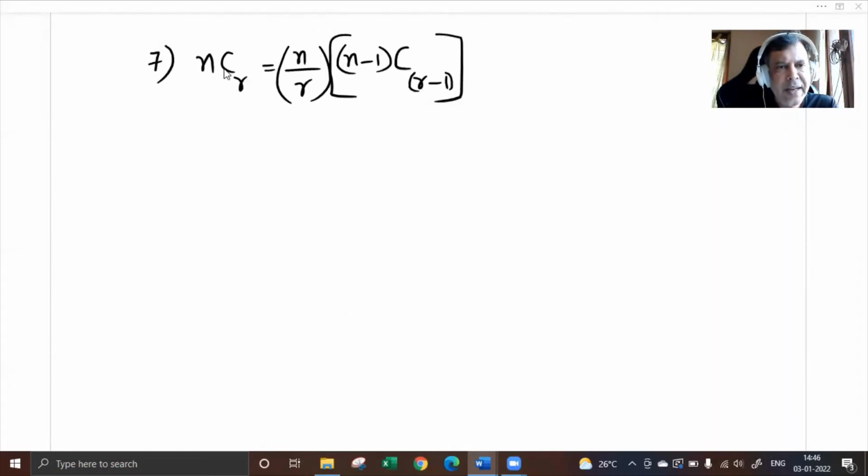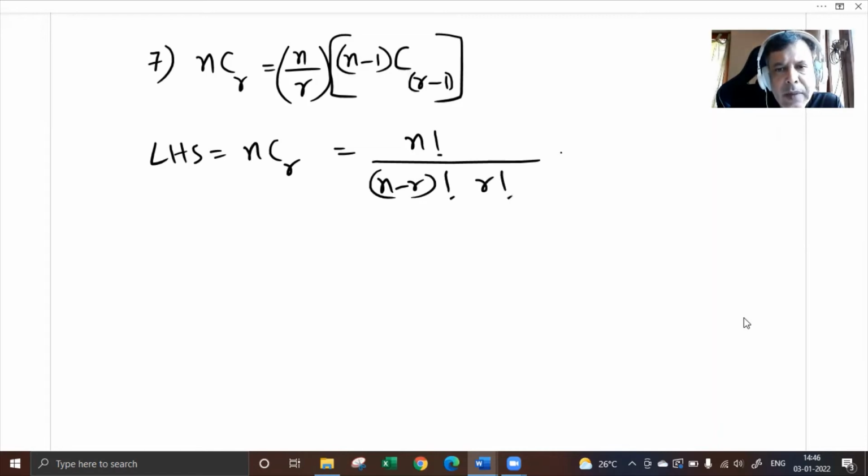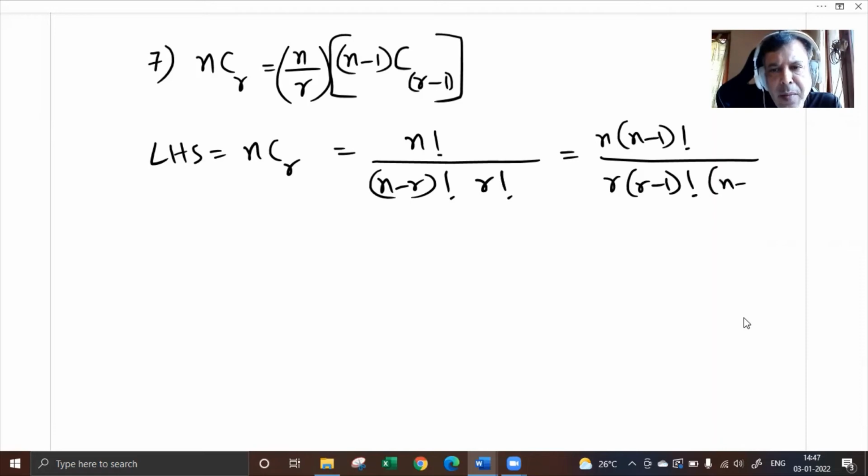Next we need to prove nCr is nothing but n by r times (n minus 1)C(r minus 1). Let us take the left hand side, which is nCr, and that can be written as n! divided by (n minus r)! into r!. Now this n! can be written as n into (n minus 1)!, and this r! in the denominator can be written as r into (r minus 1)! into (n minus r)!.